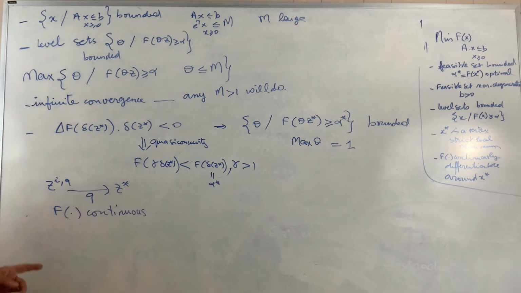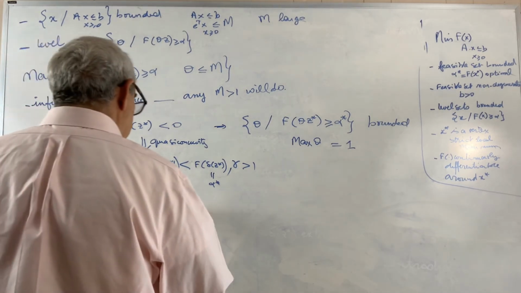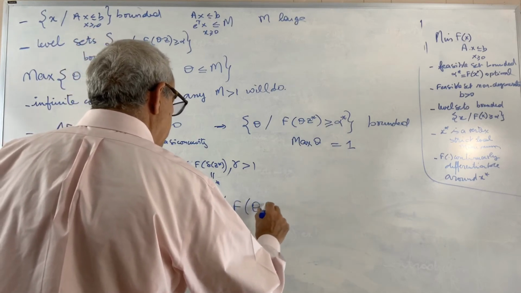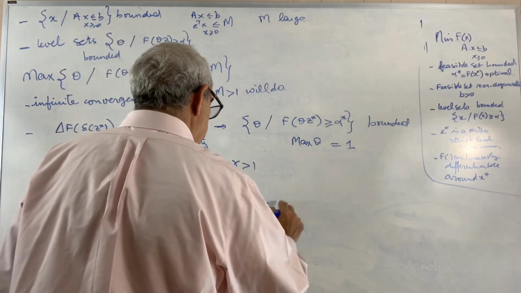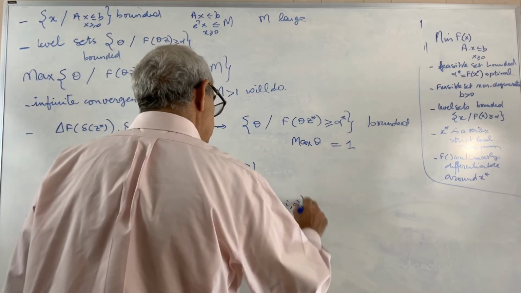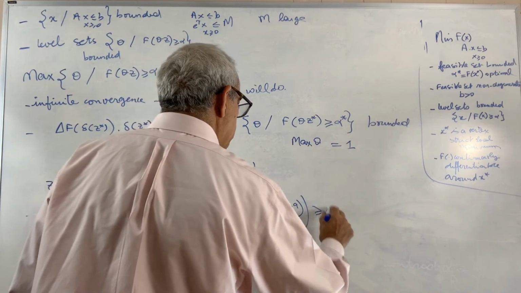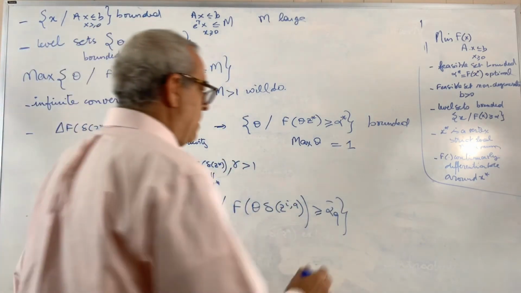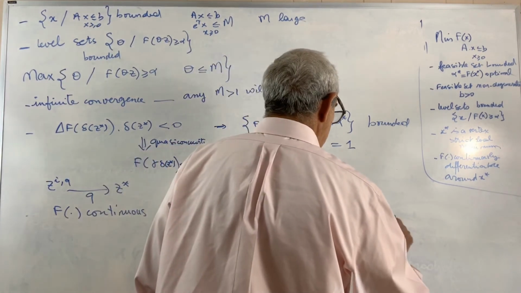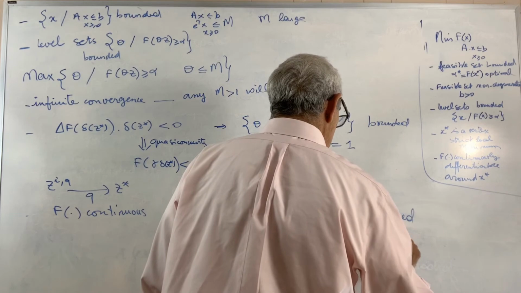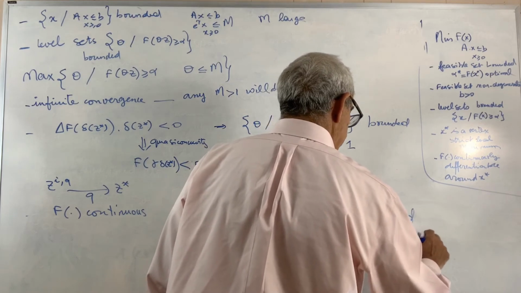So therefore, this set of theta such that F of theta delta of Z i q is greater or equal to alpha bar q is obviously bounded for q large.